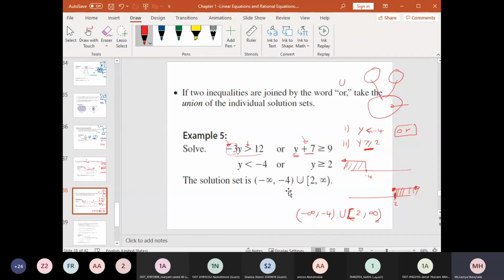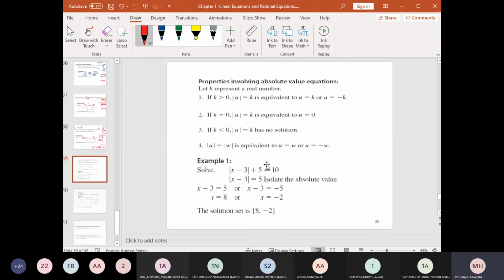Yes, no intersection. So it would be the empty set phi. We represent the empty set like this or like that, or I can say no solution. If it wanted the intersection, the overlap instead of or in this example.